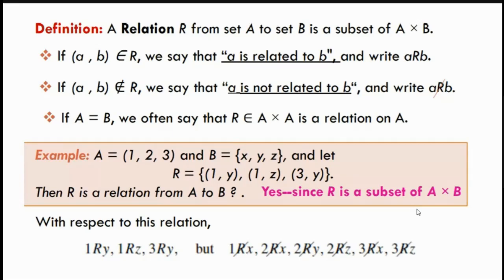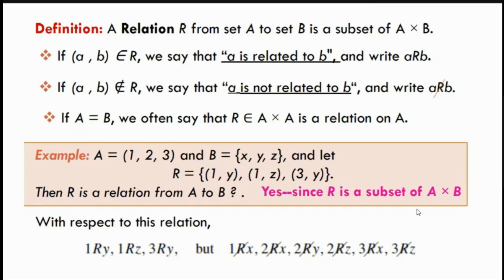So these three pairs are a subset of the Cartesian product A cross B. Hence we can say R is a subset of A cross B, and this particular relation R is a relation from A to B. This can also be represented with the elements in the sets, like this: 1 R Y, 1 R Z, 3 R Y. So this is also one way of representing the relation between the elements in two different sets.